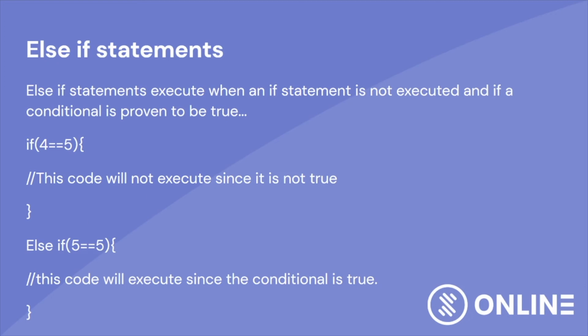So this is the syntax, and let's say this is our example. 4 does not equal 5, so this code will not execute. But it'll say else if 5 is equal to 5, and since that condition is true, it will execute.